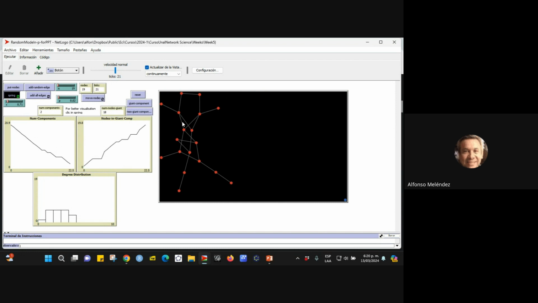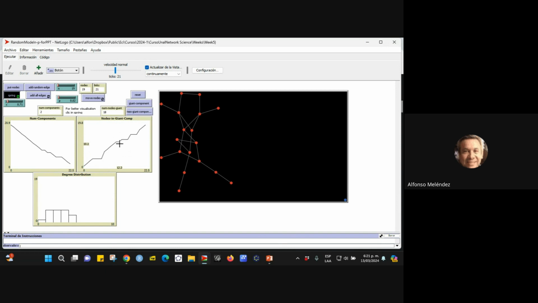What they discovered, and it is very important, is that the growth of the nodes in the giant component, as the number of edges increases, is not linear. People thought it was linear, but it's not. There's a moment when there's a big growth of the number of nodes in the giant component. This is what is called an emergent property.